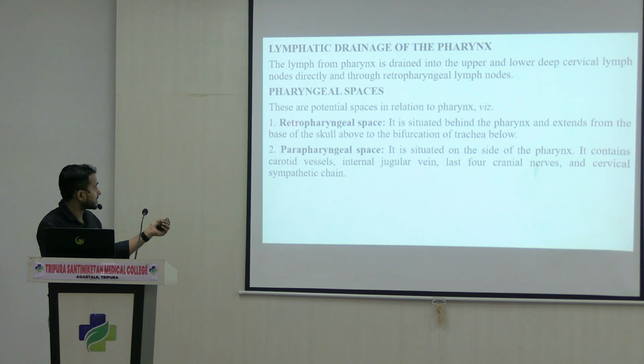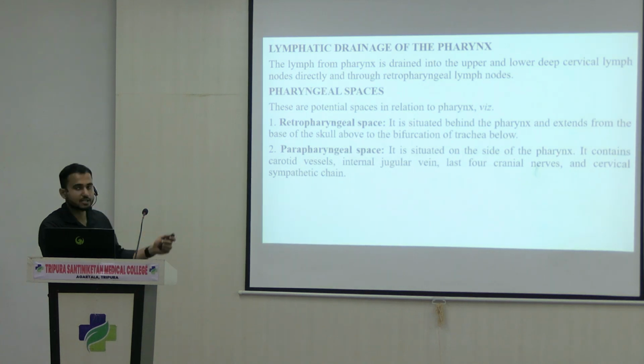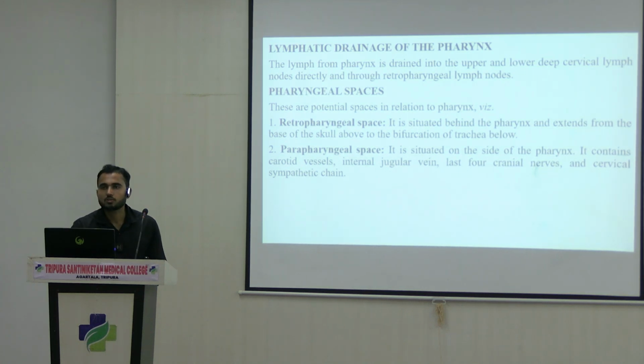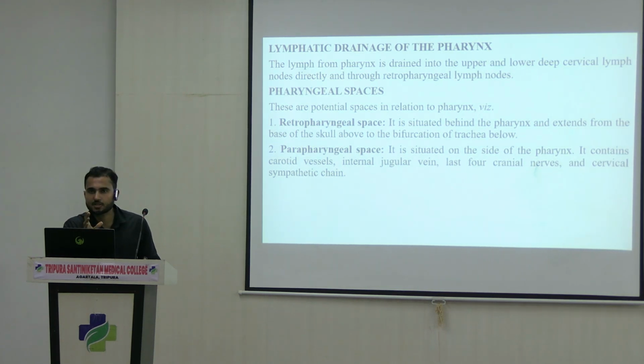So two spaces are there: the retropharyngeal space situated behind the pharynx and the parapharyngeal space situated on either side of the pharynx. We have to discuss these two spaces, extremely important, and they have very important clinical significance. So what we have to know? We have to know the boundaries of those spaces, from where to where the space extends, then the important clinical significance, and lastly the contents of this space.